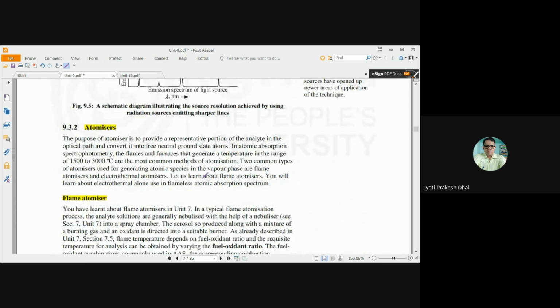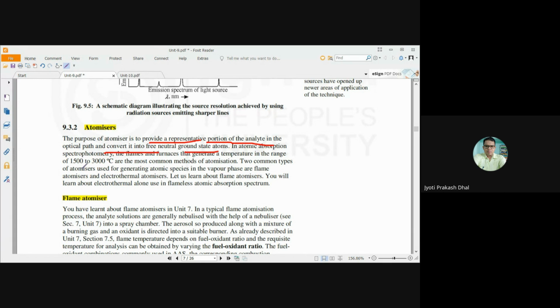So the different parts of the atomic absorption spectrometer: the first one is the atomizer. The purpose of the atomizer is to provide a representative portion of the analyte in the optical path and convert it into free neutral isolated gaseous atoms in the ground state.